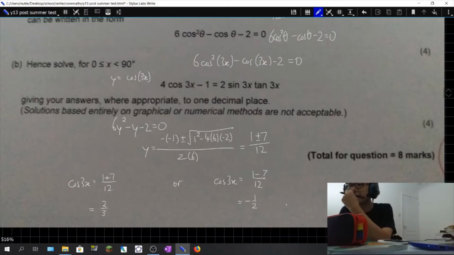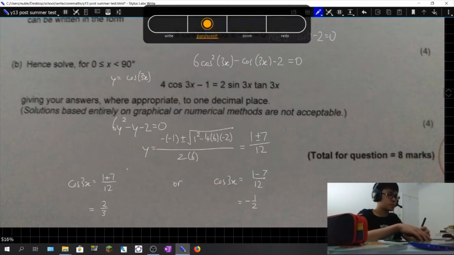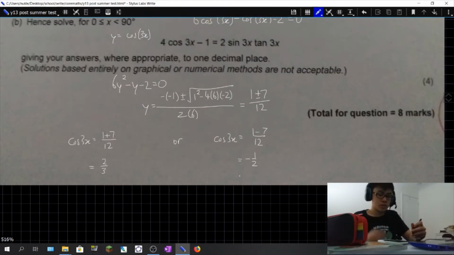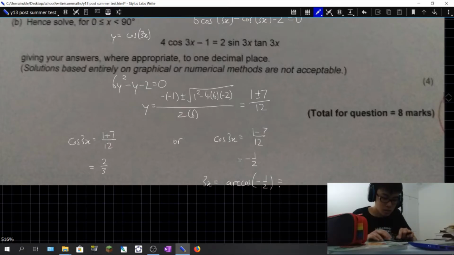Cool. Alright, if you type into your calculator, 3x is going to be the inverse cosine of negative half, which is 120 degrees.